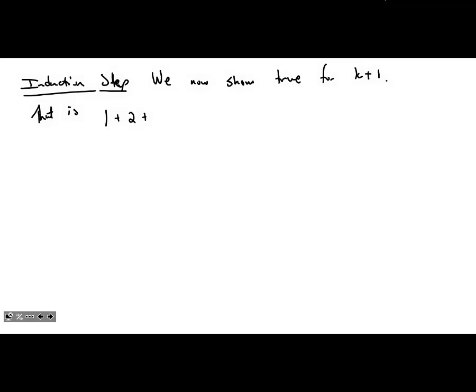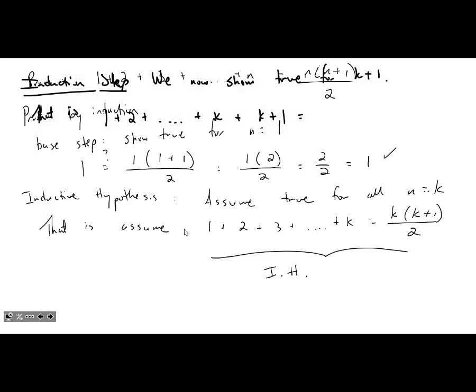Now, the last step is called the induction step. We now show that this is true for k plus 1. That is, 1 plus 2 plus up to k plus 1 would equal, well, what does our formula that we're trying to prove say?